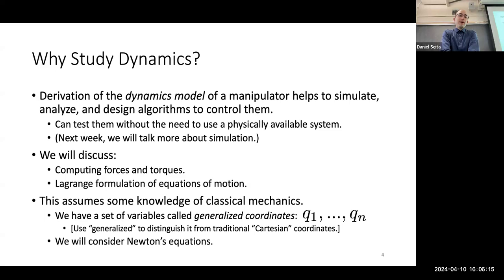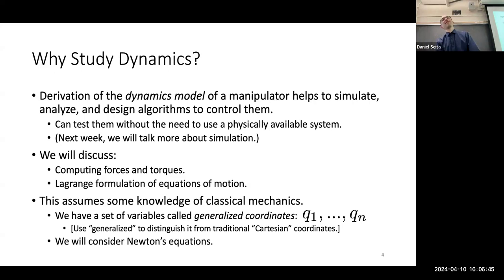But taking a step back, the motivation is if you know how a robot moves, then presumably you can code that up, and in a simulator, you can then use it to test and debug your robots before trying them out in real. Next class we'll talk all about the sim to real stuff and how that might work. But that assumes that your simulator is at least not terrible in accuracy.